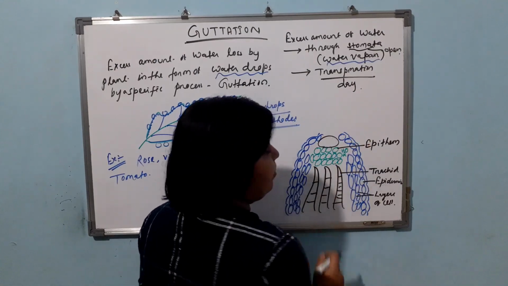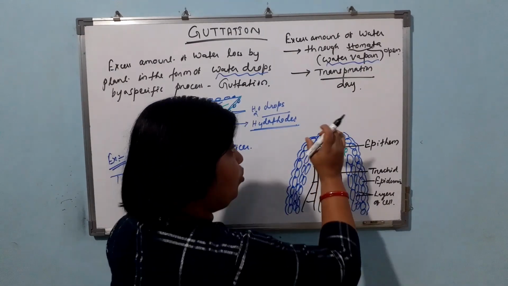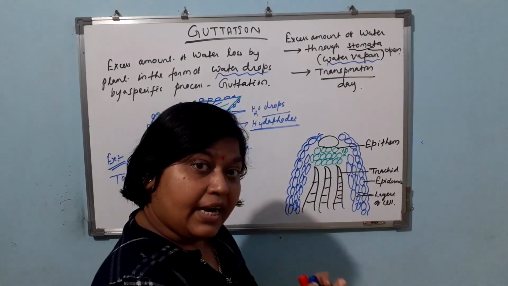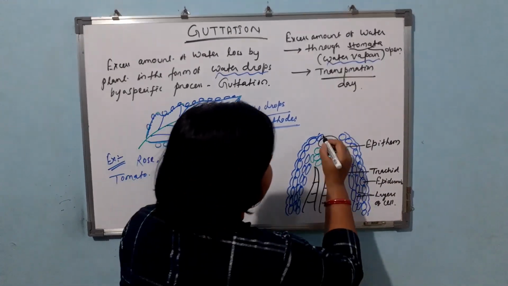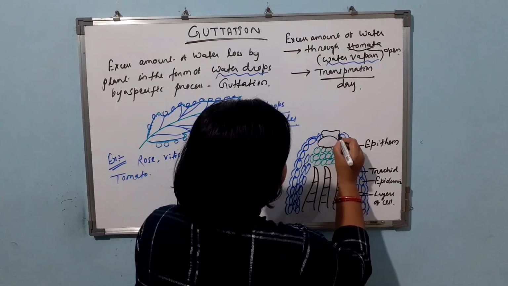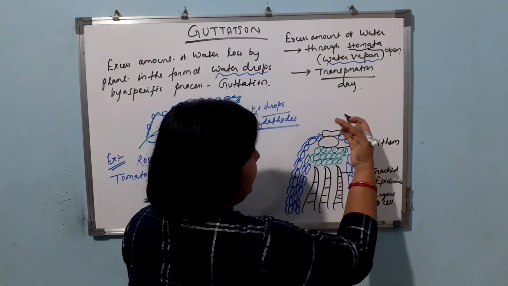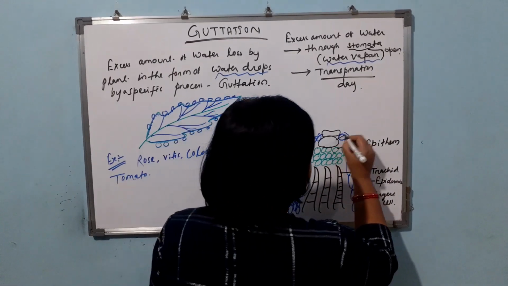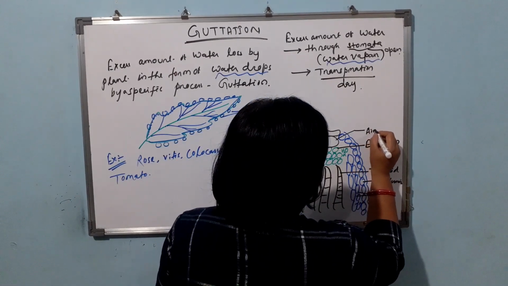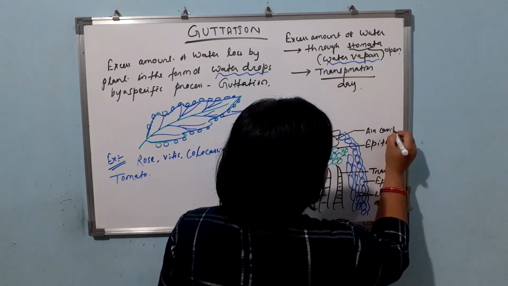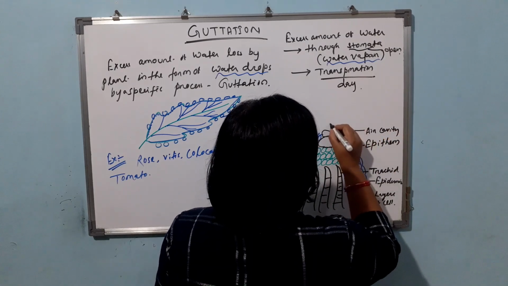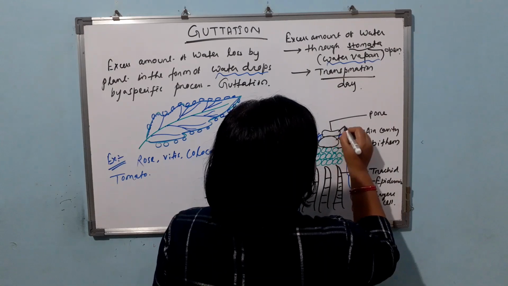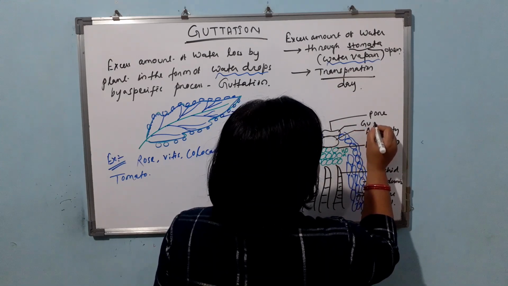This air cavity opens outwards through a pore which is guarded by two guard cells. This is one guard cell, and on the other side, another guard cell is also there. This is the air cavity. This is the pore. This one is the guard cell.